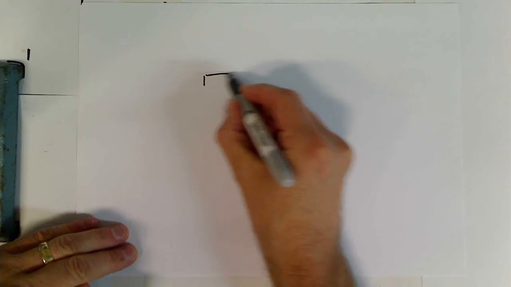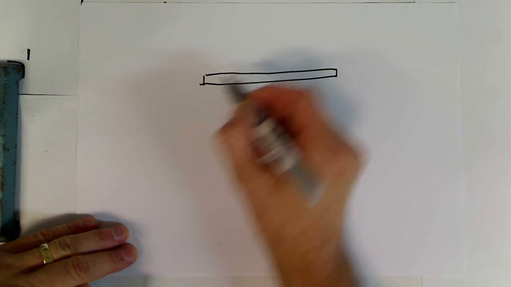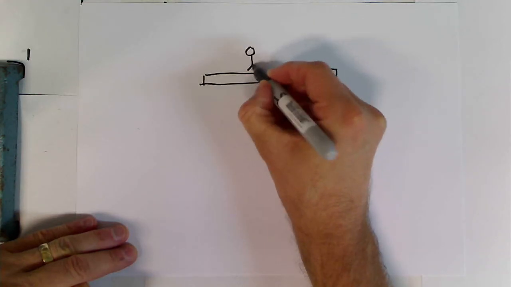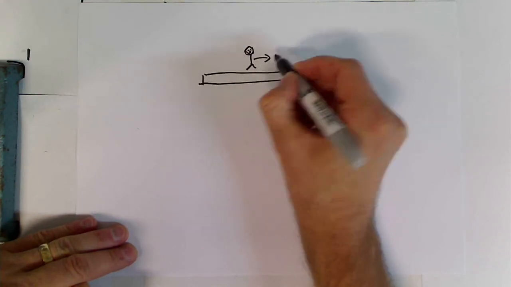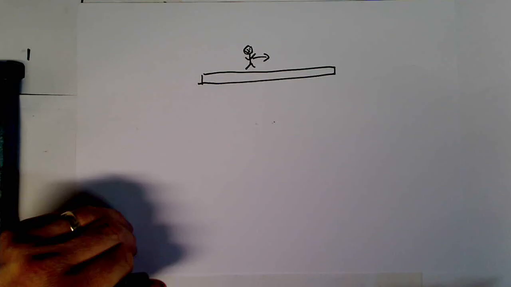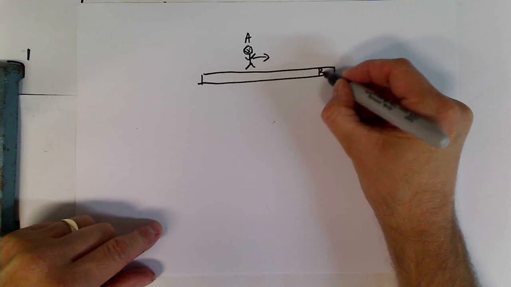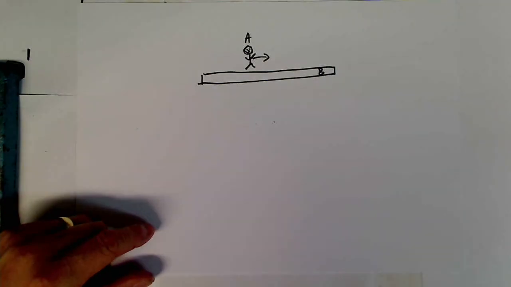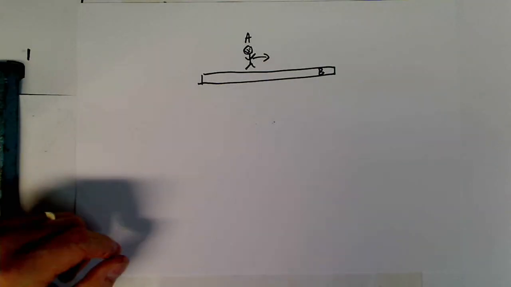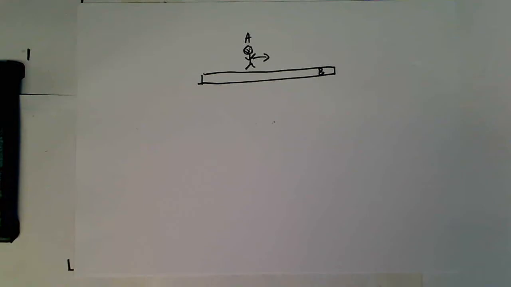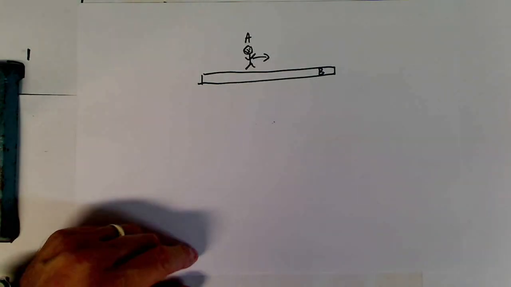What if we've got a situation, like we had in one of the problems I gave you, where we've got a girl walking on a plank? We'll give her some arms. We can call her A, and we'll call the plank B. Now, we could give you the velocities for those things relative to the ground, or we could give you the velocities relative to each other.